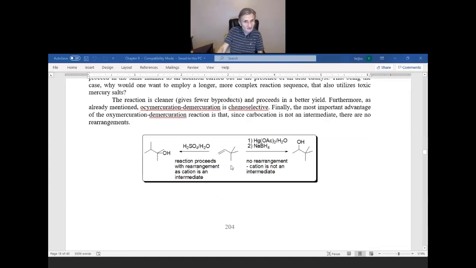If a reaction proceeds through a carbocation, so we carry out the reaction with water in the presence of an acid, then a compound like this, 3,3-dimethyl-1-butene, will undergo rearrangement, and so the product will be a rearranged product. But when we carry out the reaction as oxymercuration, demercuration, then there is no rearrangement. So that's why we carry out this reaction, to avoid rearrangement. There is another important point, and that's that this is a two-step reaction.